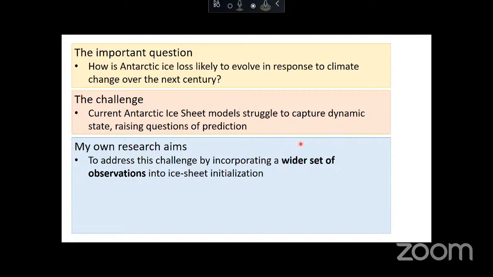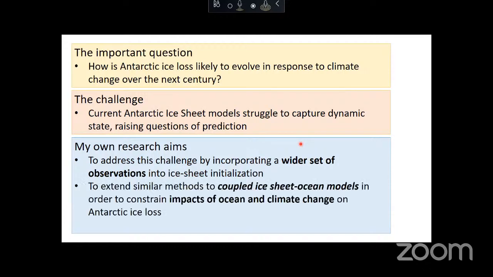And one way is by incorporating a wider set of observations into ice sheet initialization than has been done before. And I'd like to extend those methods to models of not just ice sheet dynamics, but coupling between ice sheet dynamics and ocean circulation in order to constrain the impacts of ocean and climate change on Antarctic ice loss.